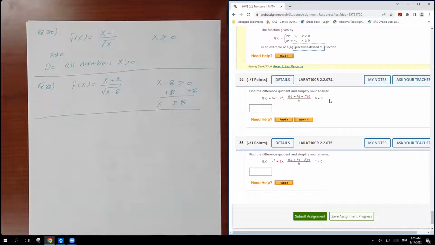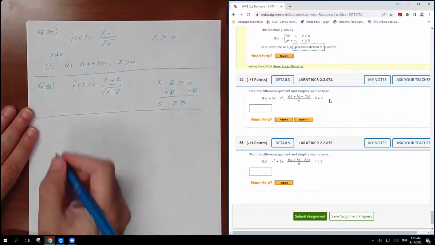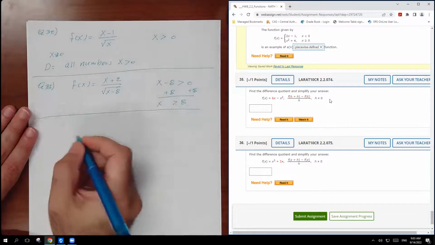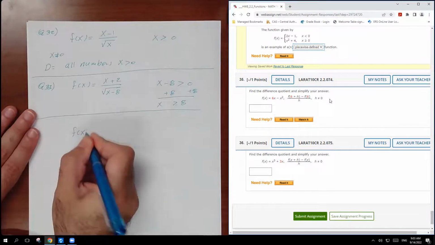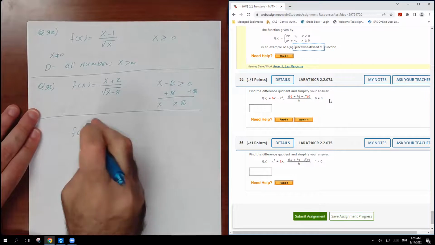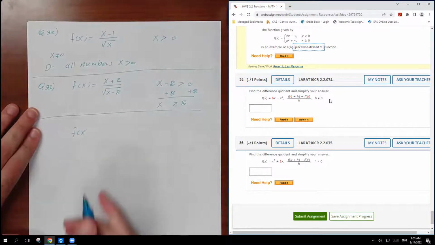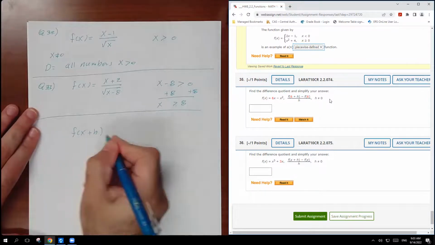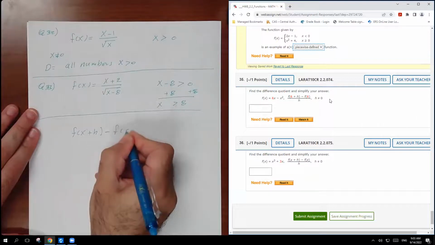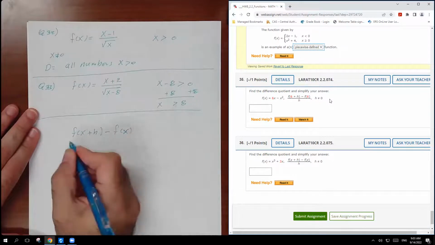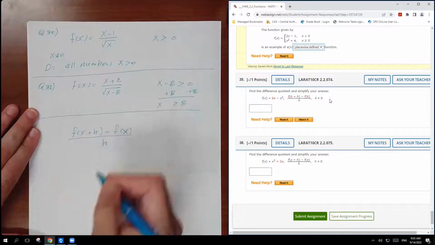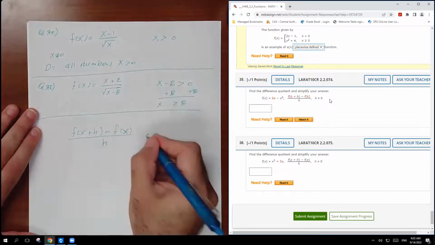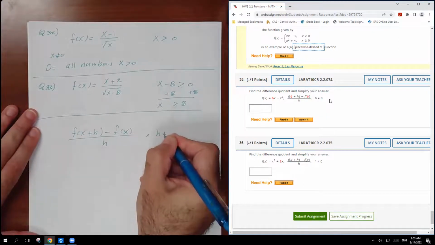In fact, there's a definition of the difference quotient that's telling you f of x plus h minus f of x over h.